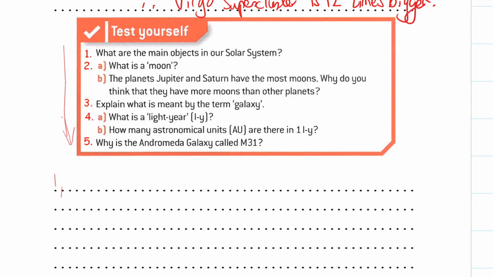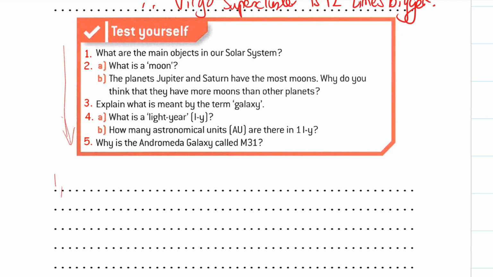What are the main objects in our solar system? Planets, dwarf planets, asteroids, comets, and of course the Sun. What's a moon? It's the object, or we call it a natural satellite, that orbits around the Earth.